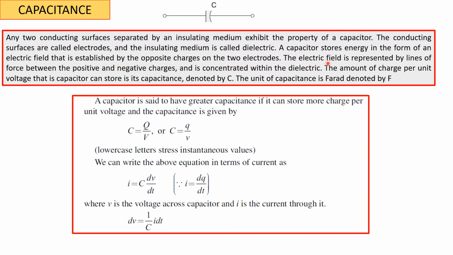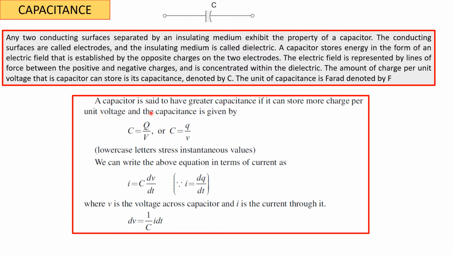The electric field is represented by the lines of force between the positive and negative charges and is concentrated within the dielectric. The amount of charge per unit voltage that a capacitor can store is its capacitance, denoted by the letter C. The unit of capacitance is the farad, denoted by F.